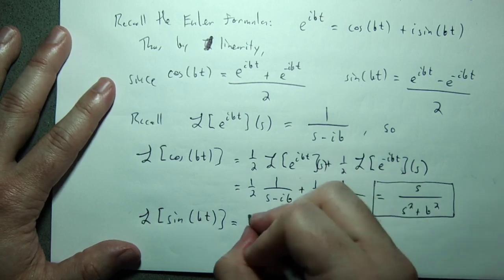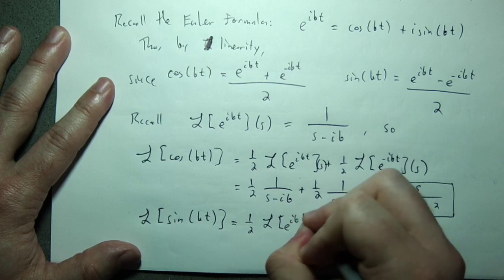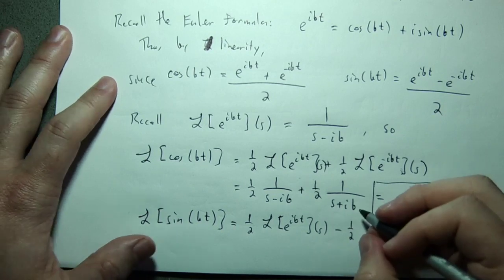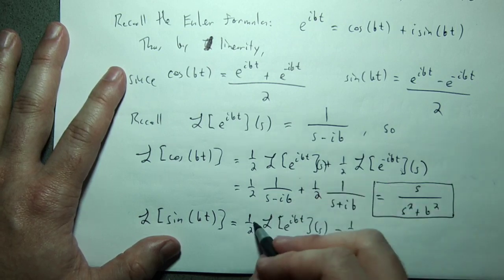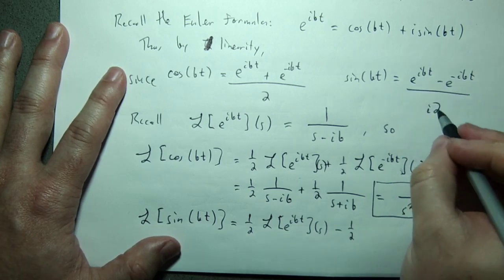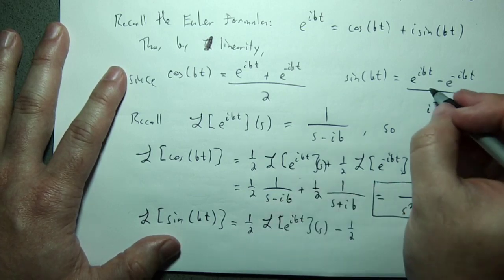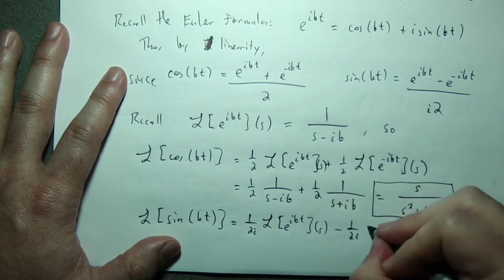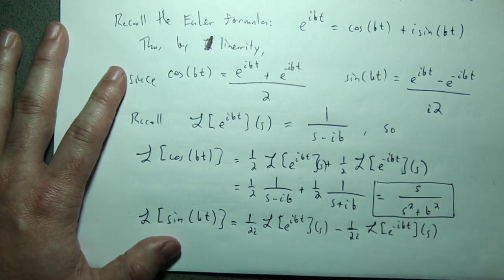Sorry, this is technically 1 over 2i here. I forgot, this expression is wrong. So this is 1 over 2i times the Laplace transform of e to the ibt of s, minus 1 over 2i times the Laplace transform of e to the minus ibt of s.